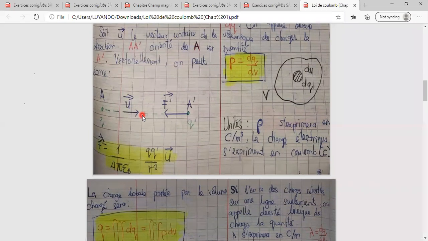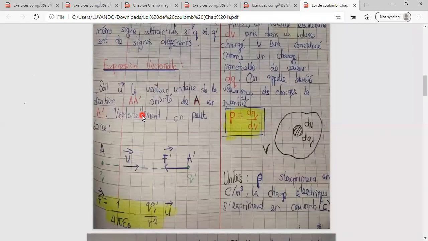If you want to know exactly what epsilon is, it's 1 over 36 pi 10 to the power 9. So it's just a representation of a really small number. That's epsilon 0, which is 1 over 36 pi 10 to the power 9. Okay, thank you very much. You're welcome.